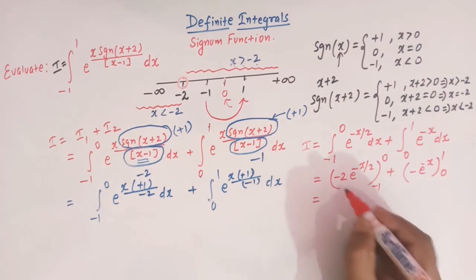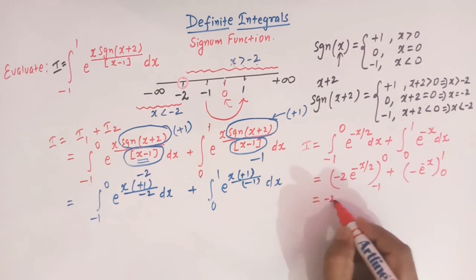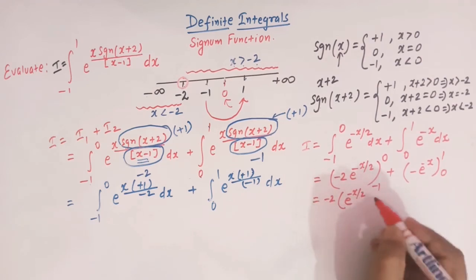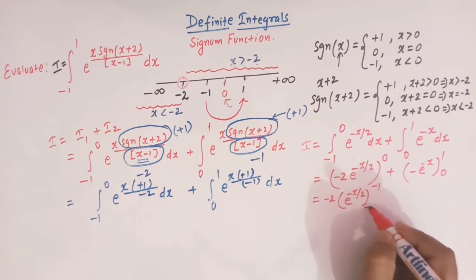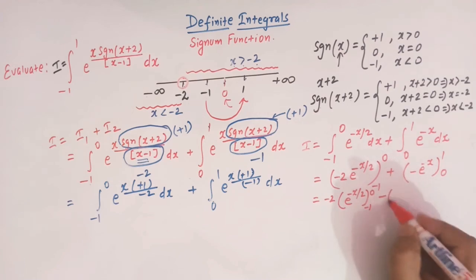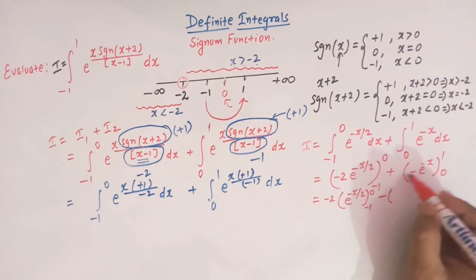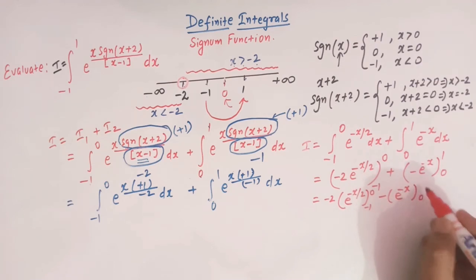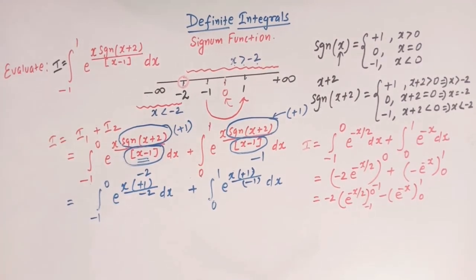So now here we'll take minus 2 outside, so we have minus 2 e raised to minus x over 2, limits are from minus 1 to 0, and here also we'll take the negative sign outside this bracket, and we have e raised to minus x, and limits are from 0 to 1.